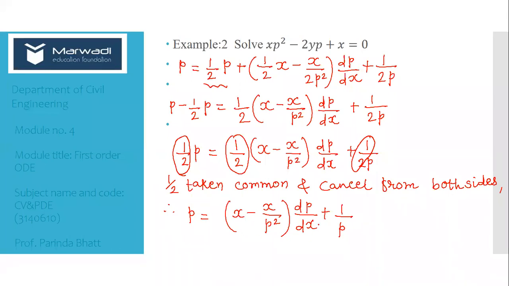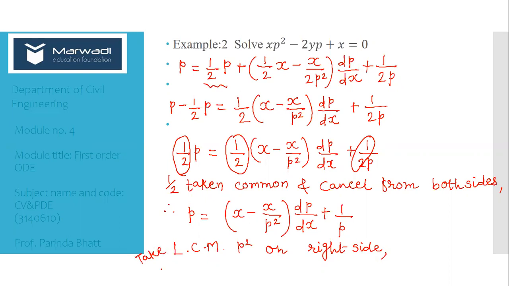Okay, now on the right side, take the LCM p square and then move to the left side.